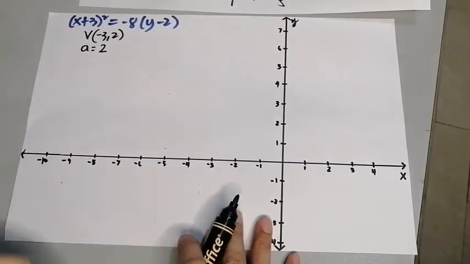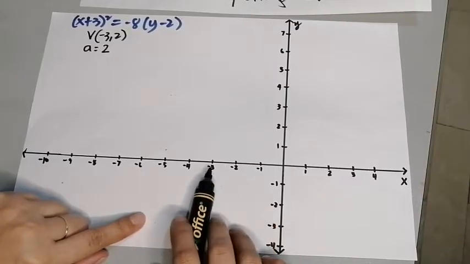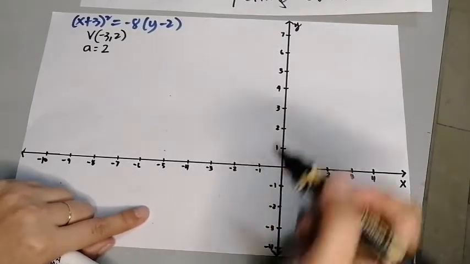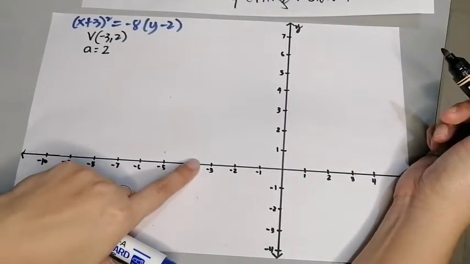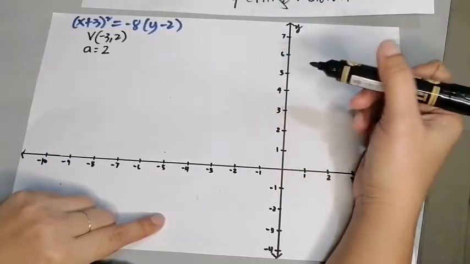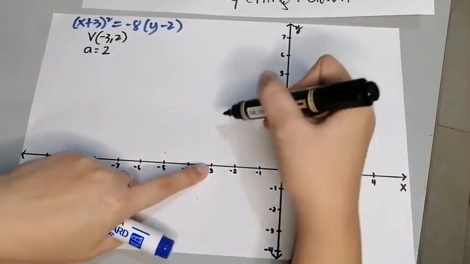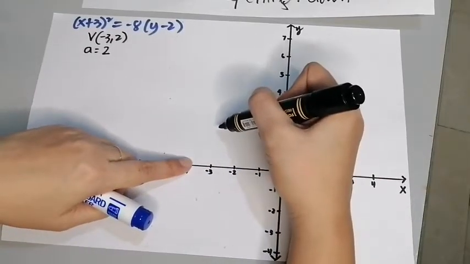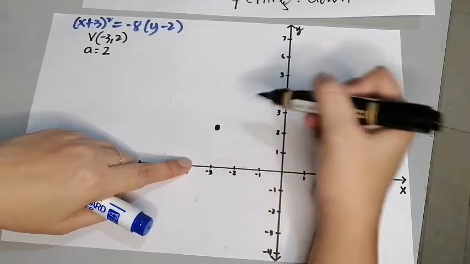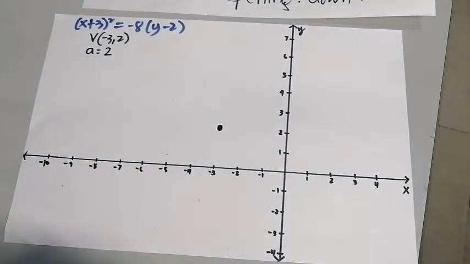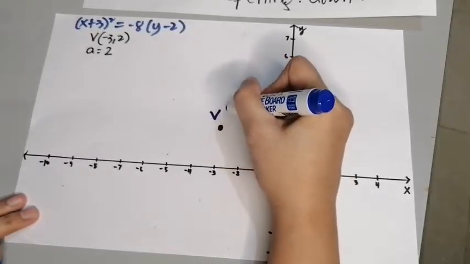So let's plot the points now for the vertex. The vertex is at (-3, 2). It's here. This is the vertex.